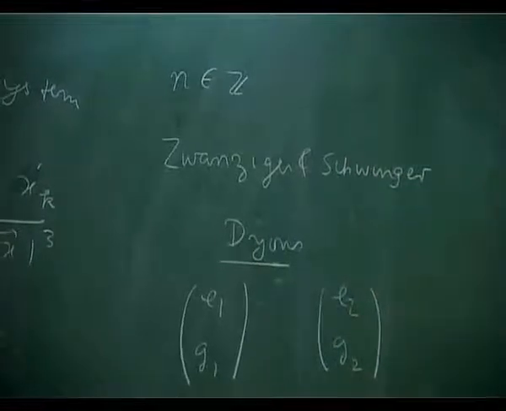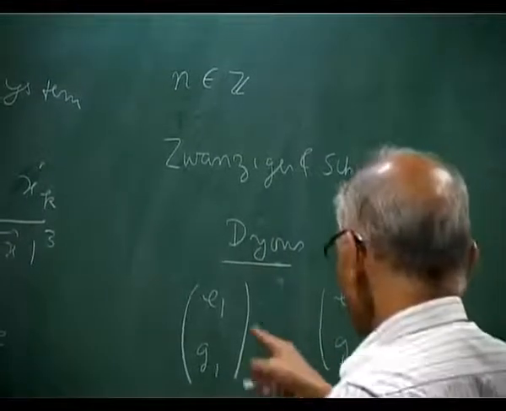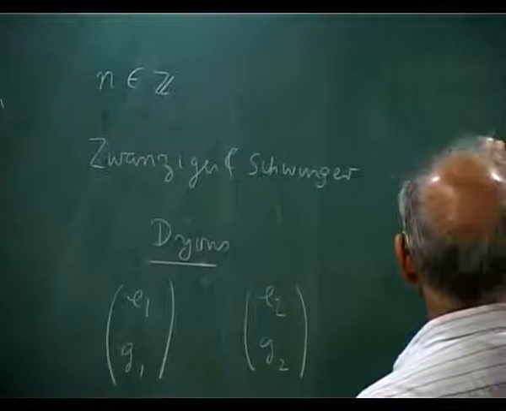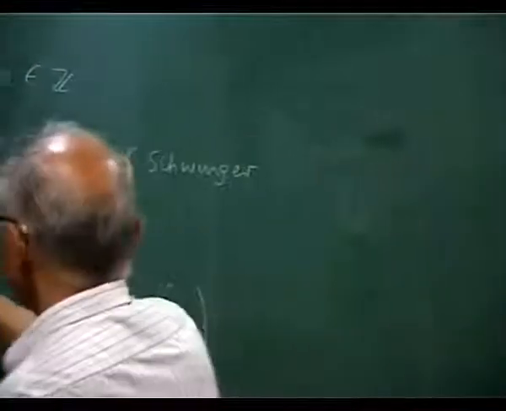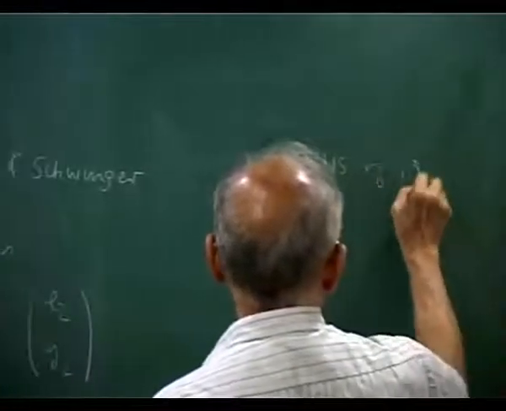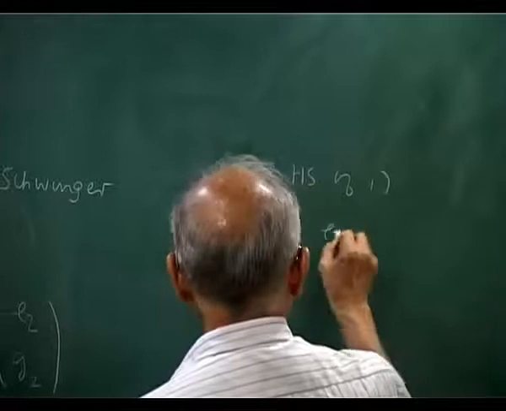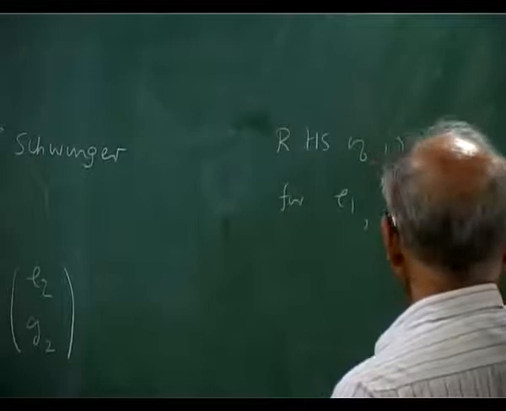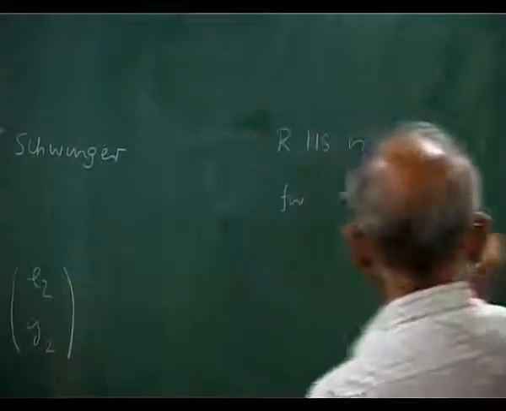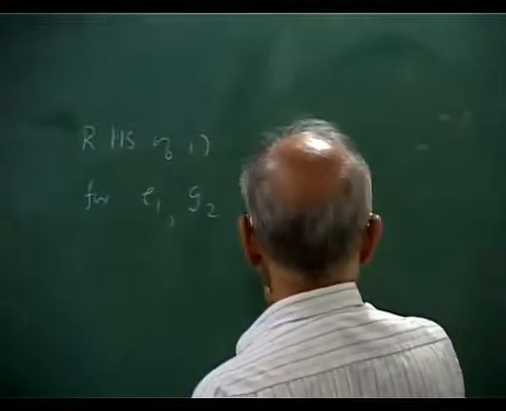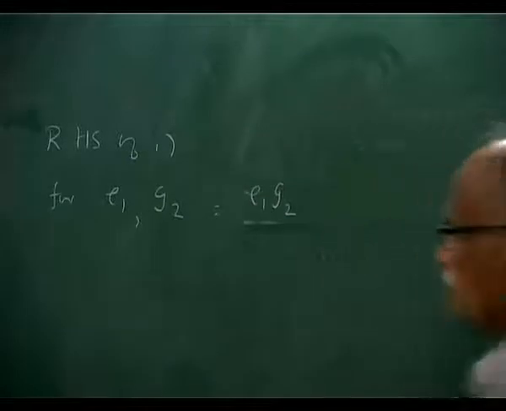Okay, in this case the force here, for E1 G2 is going to be equal to E1 G2 times dot dot dot, the Eg over 4 pi.